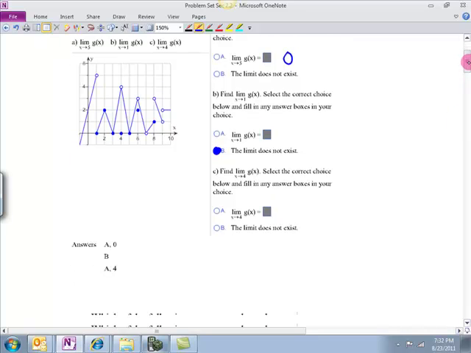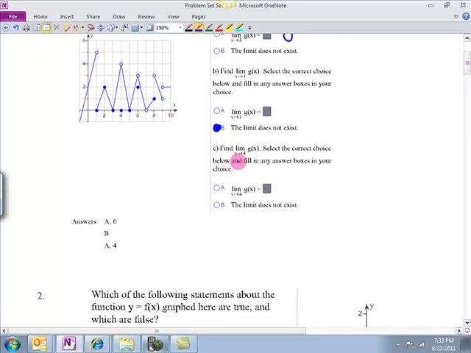All right, find the limit as x approaches 4. What do you think it is? 4. Because here's the limit. Now, a lot of people go, but it's not defined. Remember we said the limit does not have to be defined for the function. But from the left you come in and you end up there.